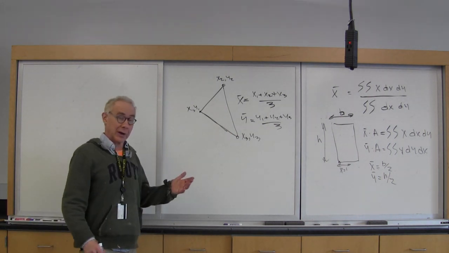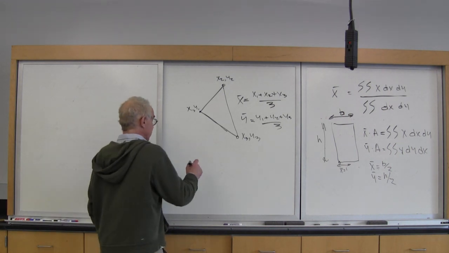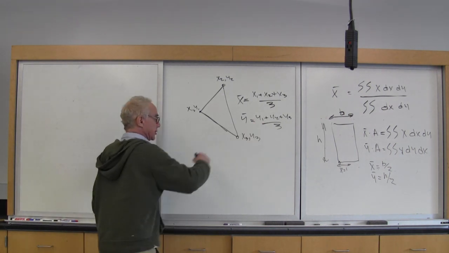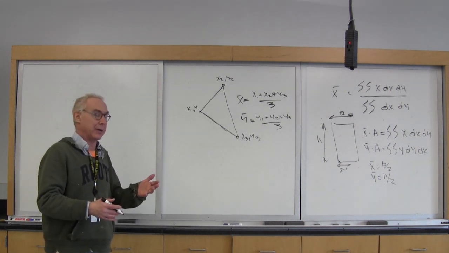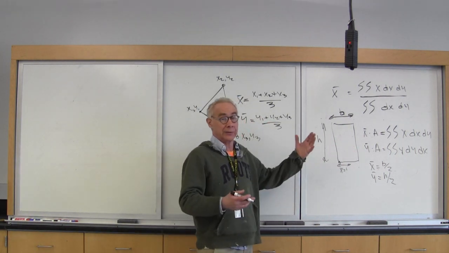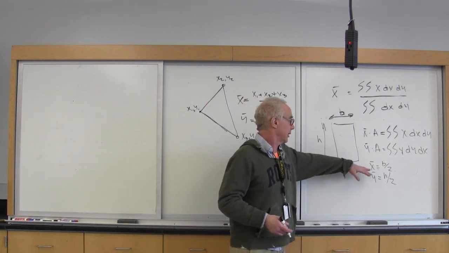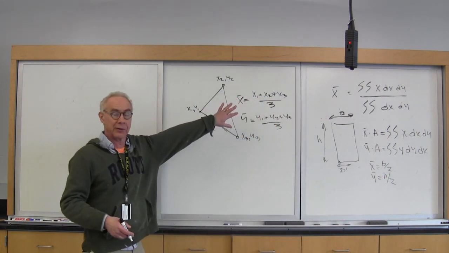So now what we're going to talk about are composite areas. A composite area is typically a combination of simpler areas for which the evaluation of the centroid is a relatively trivial task, such as x bar equals b over 2 or y bar equals h over 2, or taking the average.